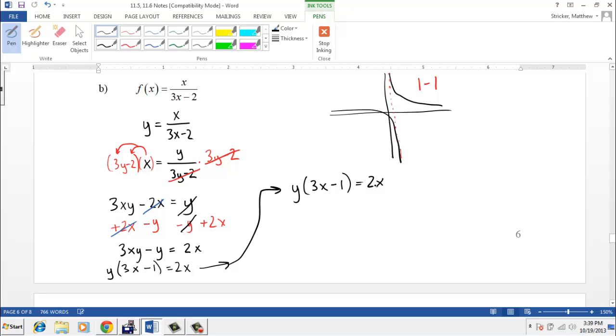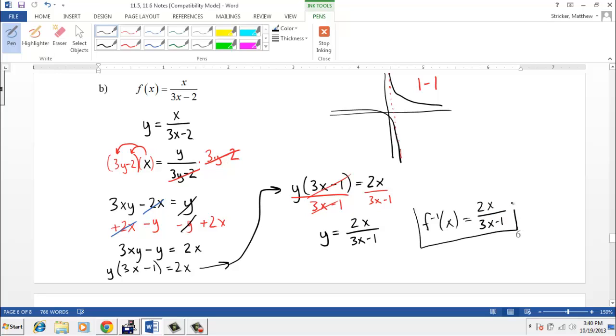We can go ahead and now take our last step of dividing both sides by 3x minus 1 to get y by itself. And so we have y equals 2x over 3x minus 1, which means our inverse function, if we put that notation in, is equal to 2x over 3x minus 1.